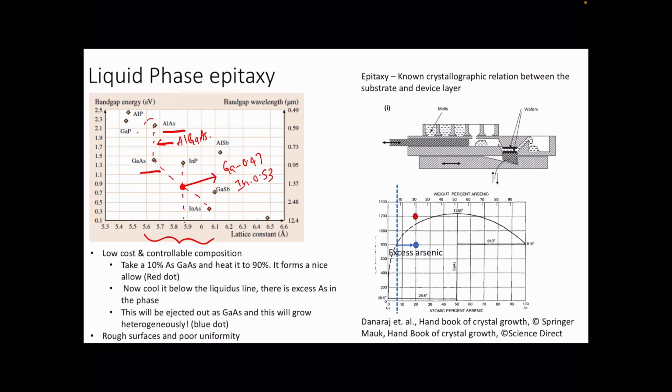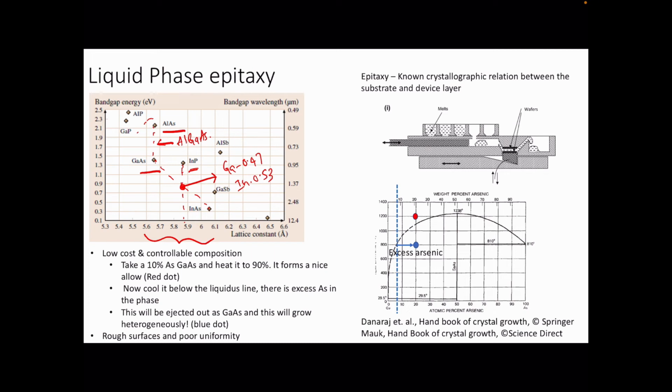Under these concentrations, you can see that it can be grown epitaxially on indium phosphide. So indium phosphide is important because it is a semiconductor whose melting point is low. So you can actually grow indium phosphide as a bulk crystal from melt, as we saw previously. And on top of an indium phosphide substrate, you can grow an InGaAs layer.